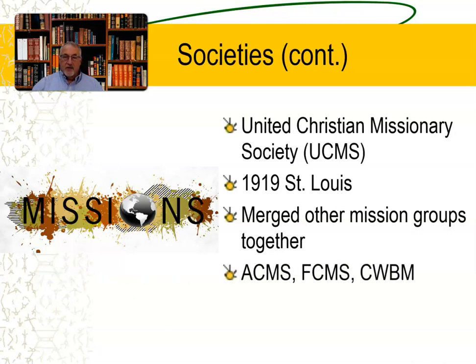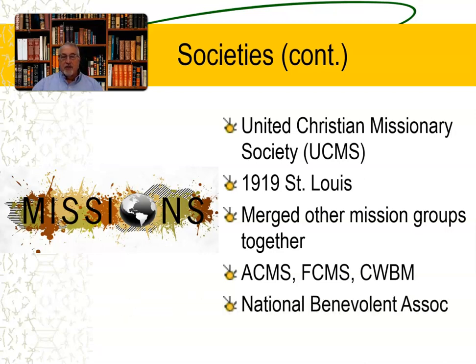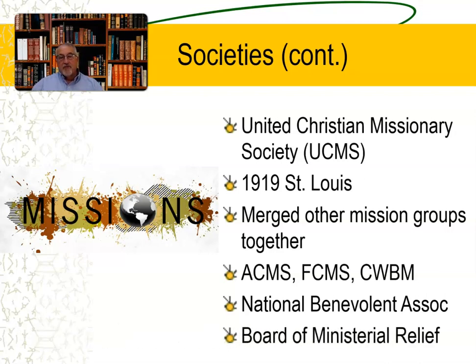And so it'll bring together the American Christian Missionary Society, the Foreign Christian Missionary Society, the Christian Women's Mission Society, and so forth. And also, they'll begin the National Benevolent Association and the Board of Ministerial Relief.